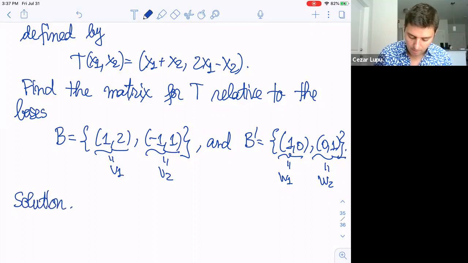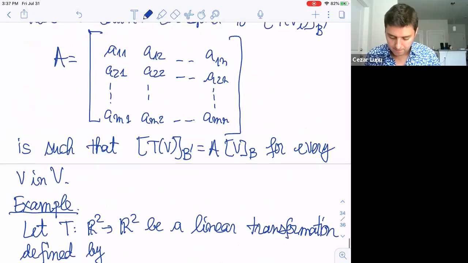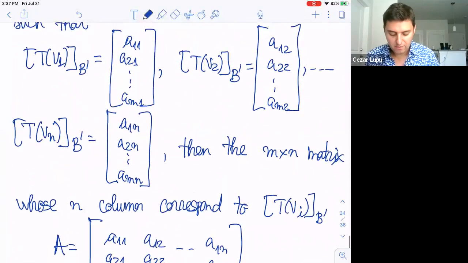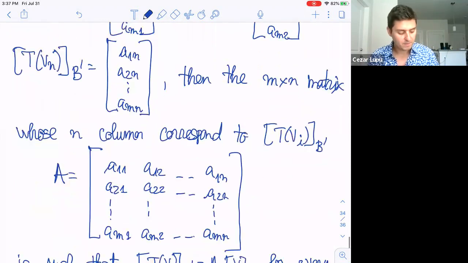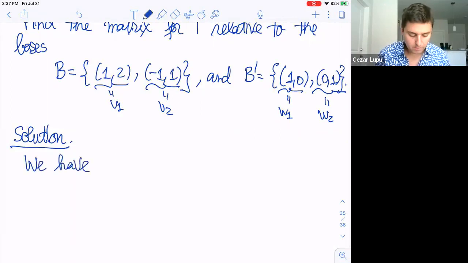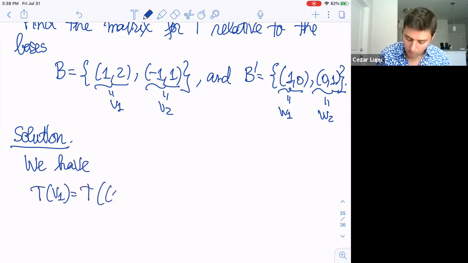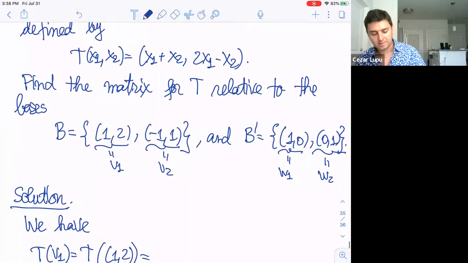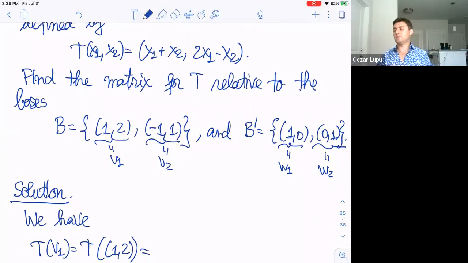And now let's look at the theorem. You see, what I need to find is just to evaluate T on these vectors of the basis B. So that's what we're going to do. By the definition of T, T of V1 will be T of 1, 2, which will be what? Can you tell me?